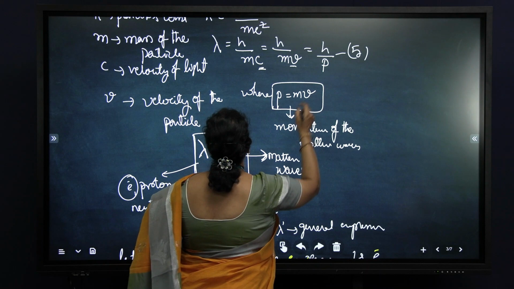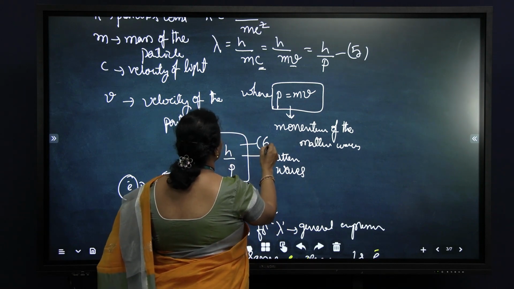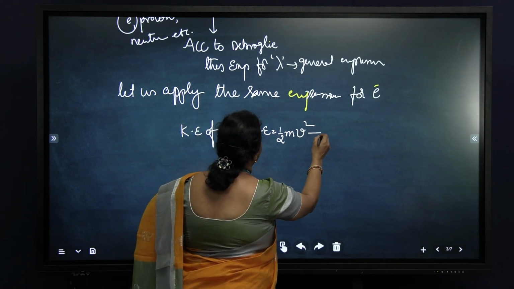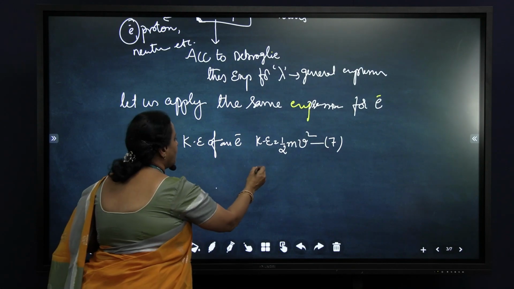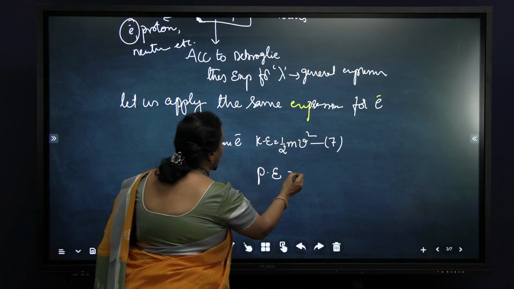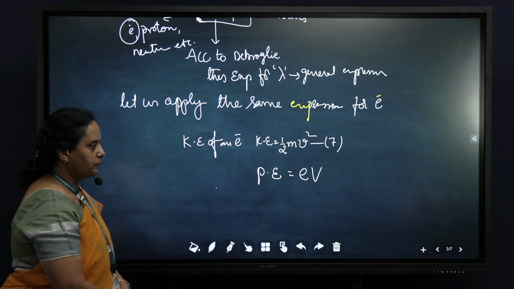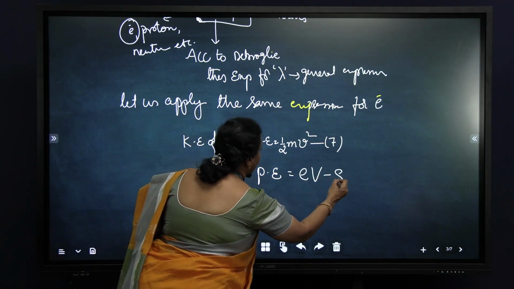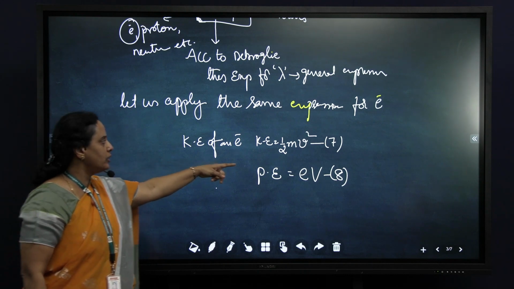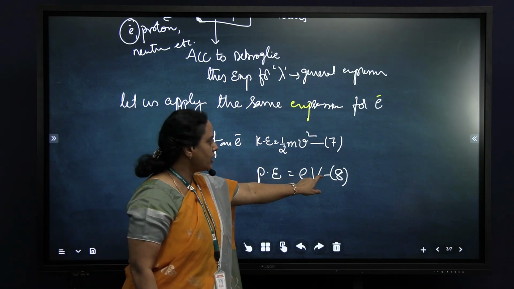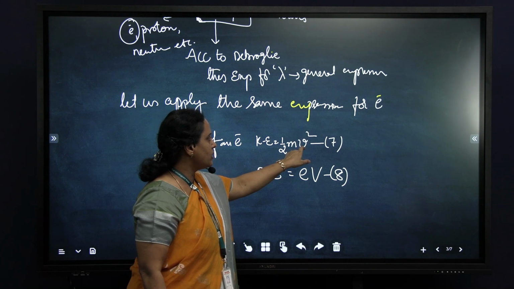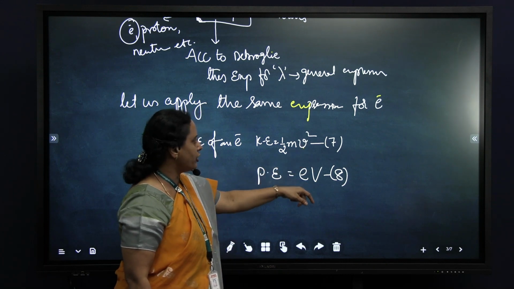Let me take this expression as 7. And the potential energy of an electron is given by eV. Make it expression number 8. Here try to see the difference between these two V's: this V is the potential and this V is the velocity.